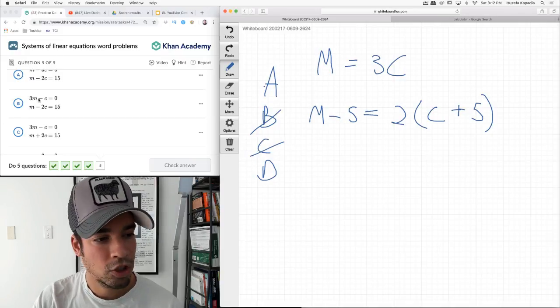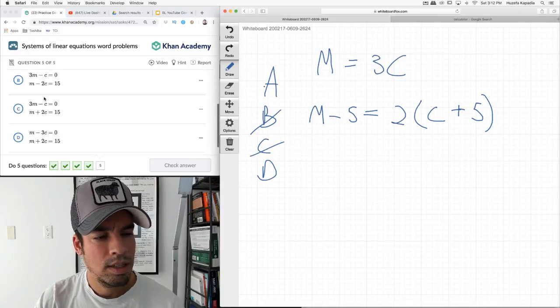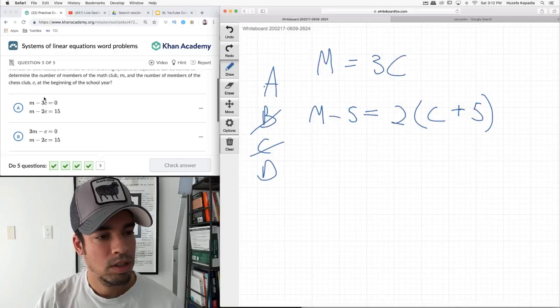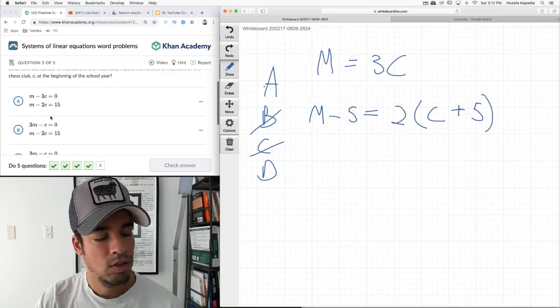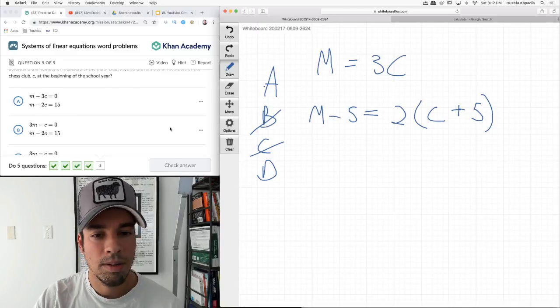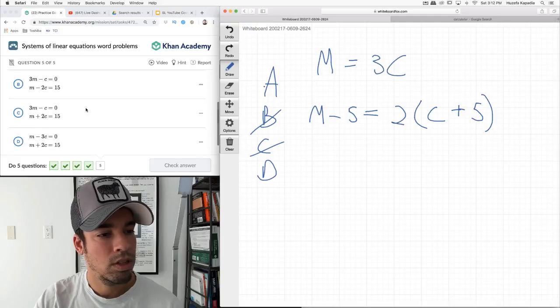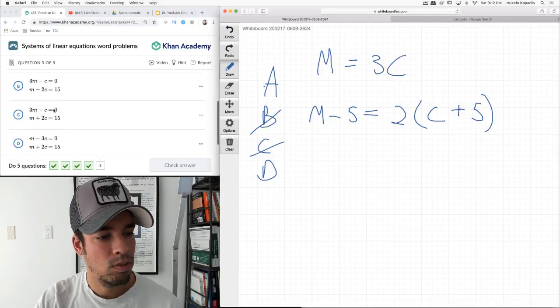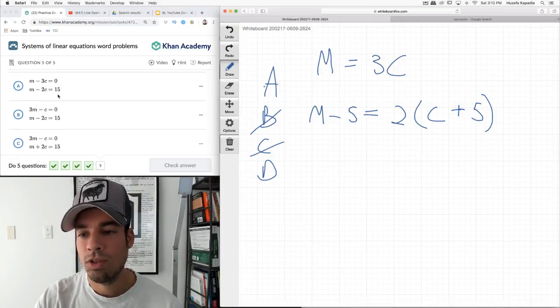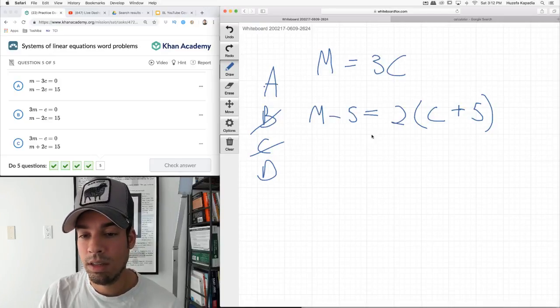Always do this elimination. Then it's either D or A. Now we look at the second equation, and you see what they've done here. Look, I'm going to give you a shortcut. Both of these are set equal to 15. One is M plus 2C, one is M minus 2C. Let's isolate the number.